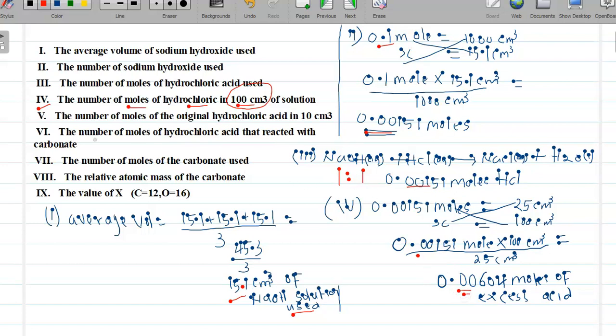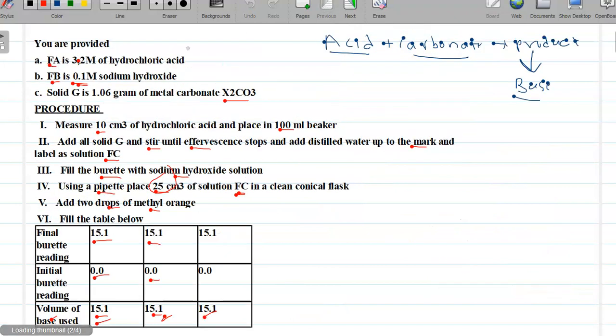Then we have the next question, without wasting any time, question Roman 5, asking the number of moles of original hydrochloric acid in 10 centimeter cubic. So the original volume of the hydrochloric acid, before we reacted anything, is 10 centimeter cubic, and the original molarity is what?